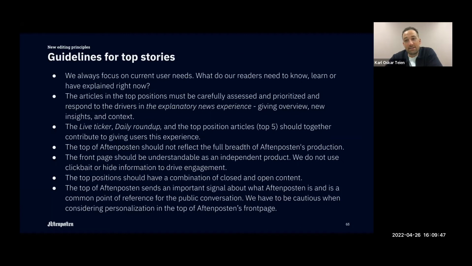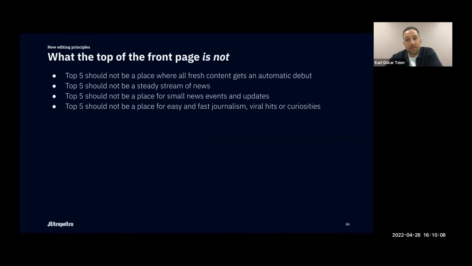And it's again this idea that we should have the user in focus rather than us being excited about the last published article. We need to really think about, well, what do our users need to know right now? And if you visited for the first time now, which many will, even in the afternoon, what do you need to know? And that's a different way of thinking.